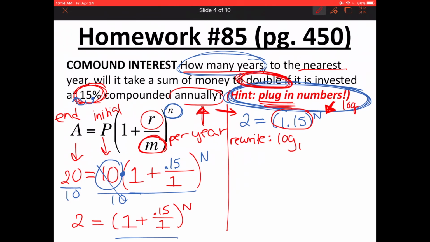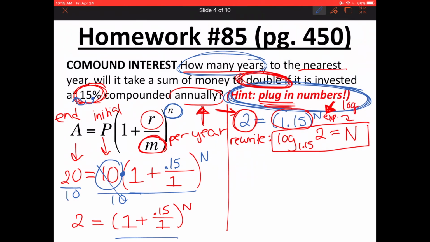So log base 1.15 of 2, because whatever number is by itself is what I take the log of, equals, and then my exponent comes over here all by itself. So this is what it would look like in logarithmic form. Log base 1.15 of 2 equals n.